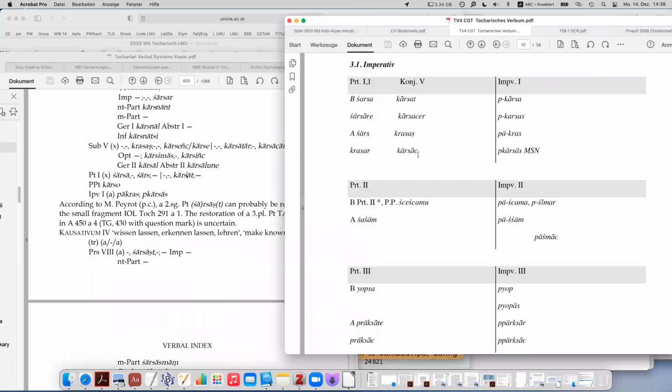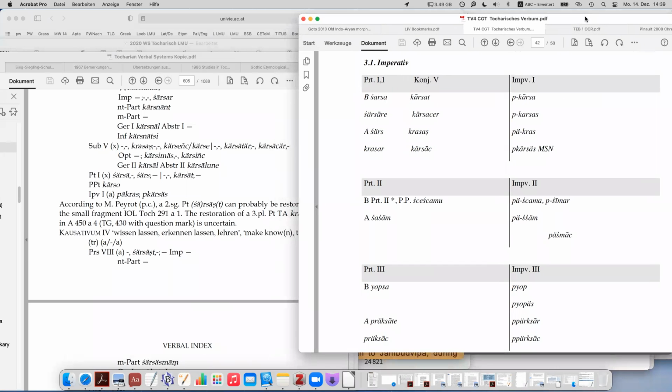And then you have the imperative like class, but with a prefix. So the imperatives in Tocharian are pretty regular. You use a stem, and then you put a prefix per before the stem. So usually the marker of Tocharian imperatives is the per prefix, the Kennzeichen of the imperatives.